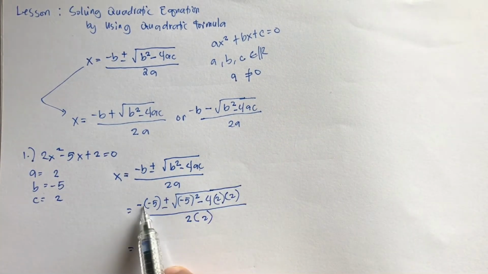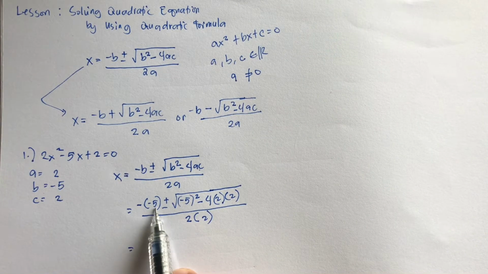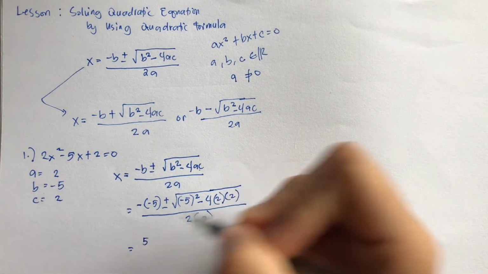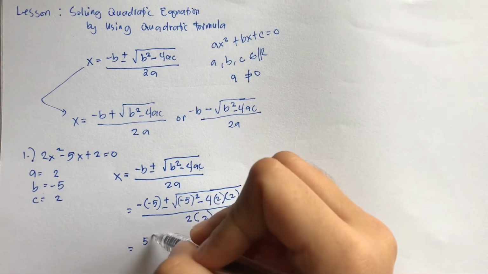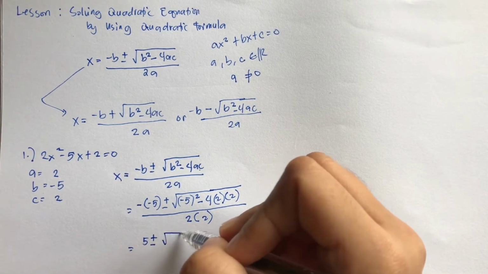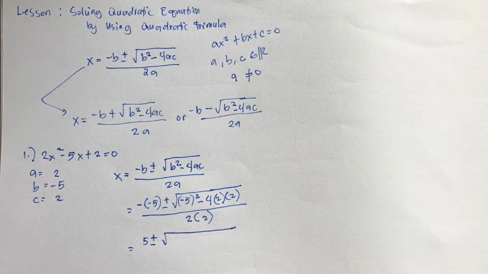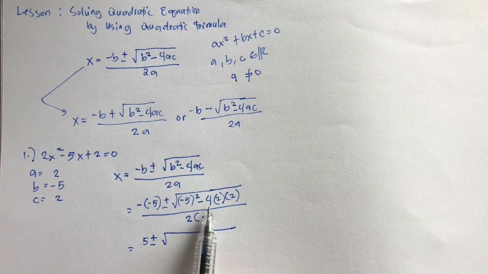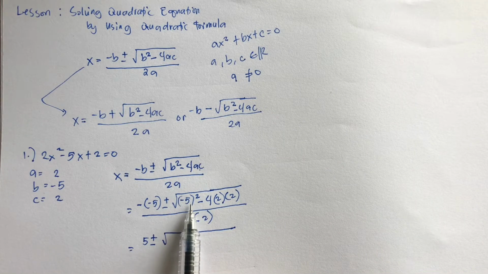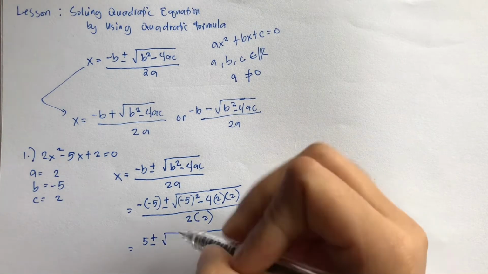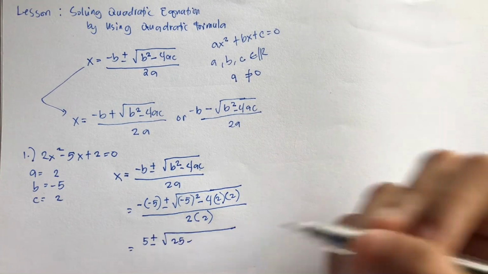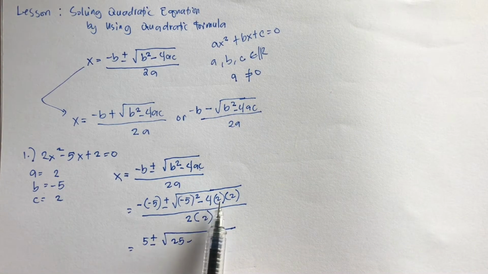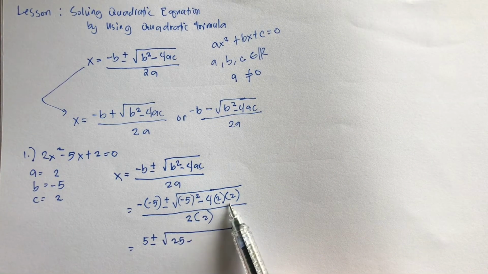Okay, negative times negative 5 becomes positive 5. Copy the plus and minus operations, and now we have to simplify the numbers inside the radical sign. So negative 5 times negative 5 is 25, minus 4 times 2 times 2.